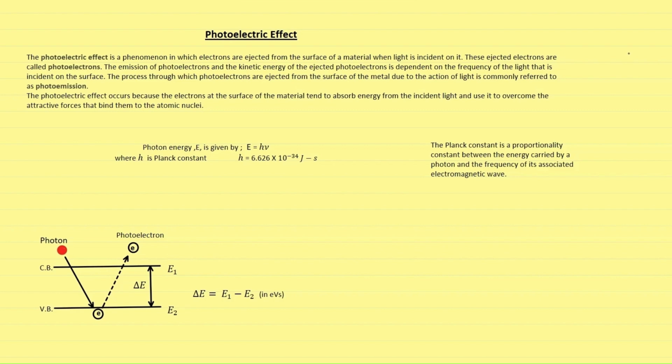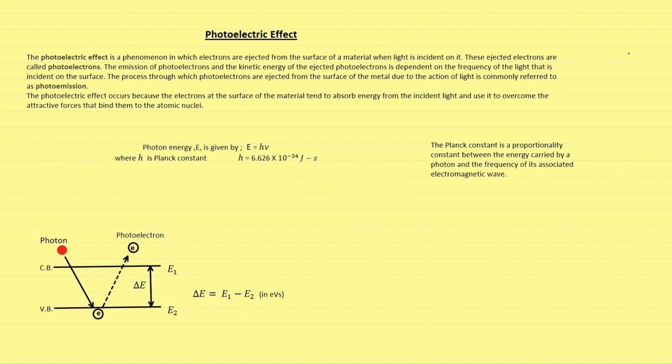Photon energy is given by h nu, where h is the Planck's constant whose value is equal to 6.626 into 10 raised to the power minus 34 joule second, and nu is the frequency of the incident light in hertz. The Planck constant is a proportionality constant between the energy carried by a photon and the frequency of its associated electromagnetic wave.